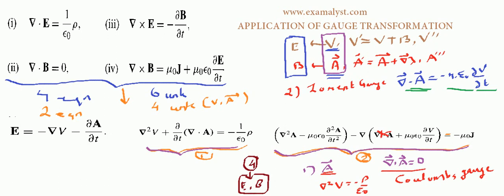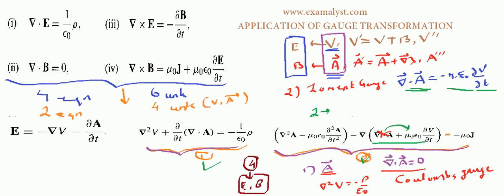Lorentz's ingenious idea of using this type of potential made equation 1 and equation 2 much simpler. Let us see what equation 2 becomes. Lorentz said that this is equal to minus of this, so this part vanishes.